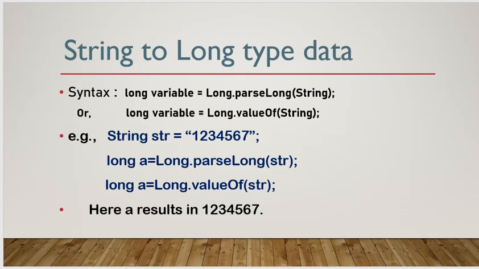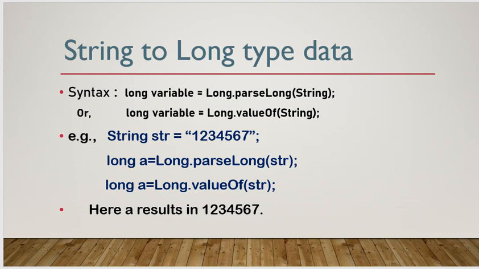Our next function is Long.parseLong, or as compared to int, it's also Long.valueOf. So there are two functions available using which we can convert any string data value into its corresponding long data type.